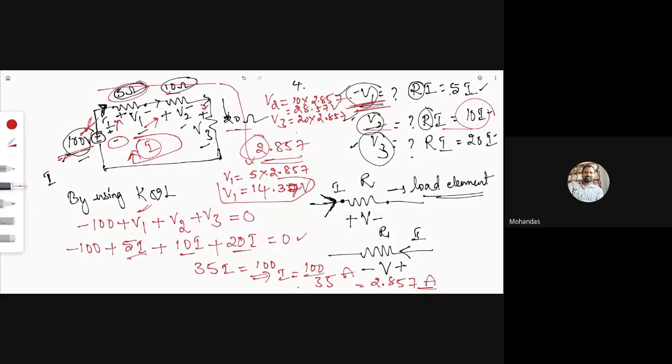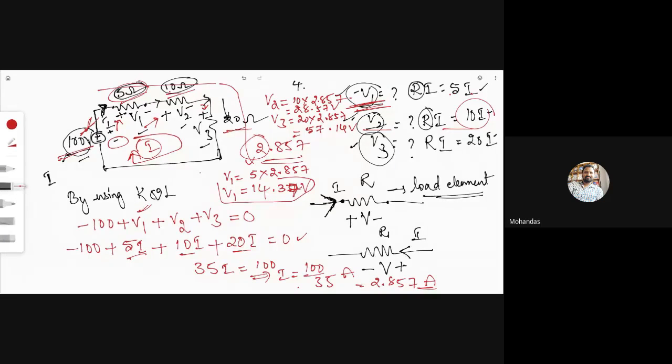Next, V3? 57.14 volts. So these are the voltage drops that occur across the 5 ohm resistor, 10 ohm resistor, and 20 ohm resistor.